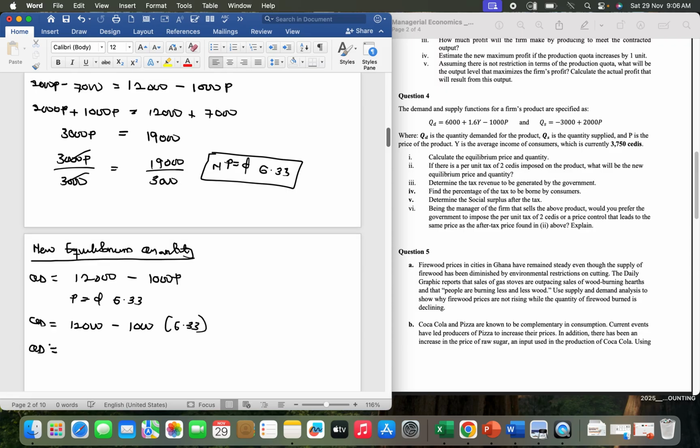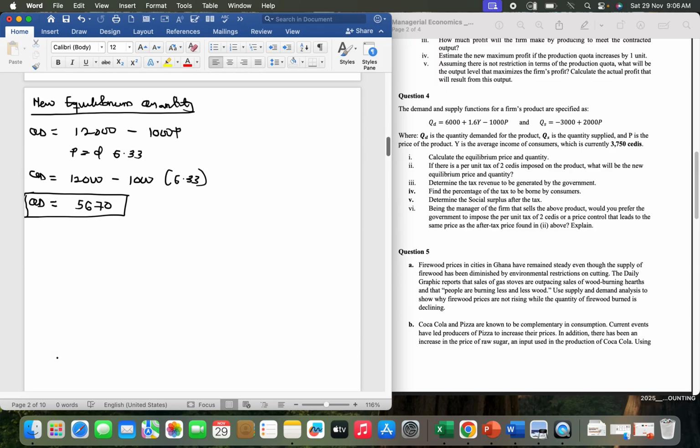So QD is equal to 12,000 minus 1000 times 6.33, which will give us 5,670. Now you notice that when you do it for demand and for supply, there will be a slight difference. It's because the numbers are in decimal. Is it okay? So this is the quantity for demand.